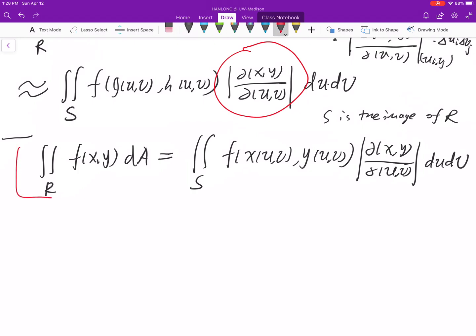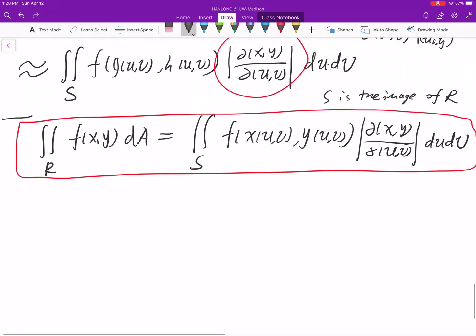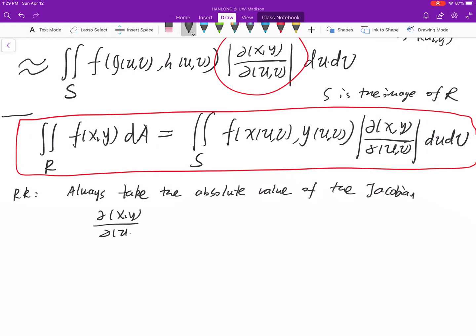So this is our formula. And the remark is to always take the absolute value of the Jacobian partial (x, y) over partial (u, v).